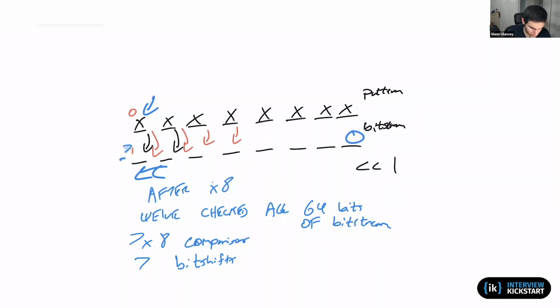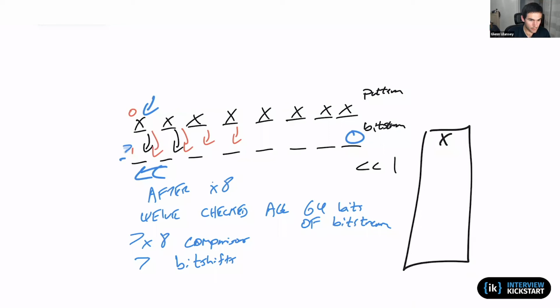created a table where one entry in that table is the original pattern, and then the next entry of the table is the original pattern shifted over by 1. And the next entry is the pattern shifted by 2.